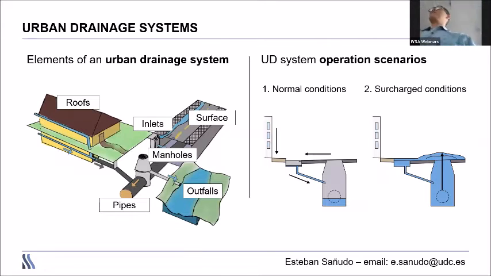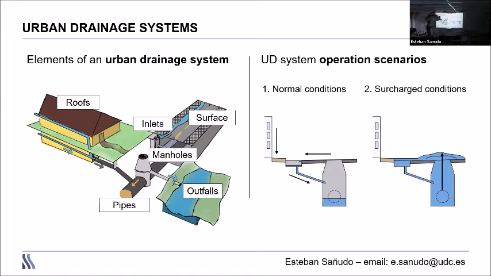Well, only one slide, which you may already know, but it's important to have a conceptual scheme of how an urban drainage system works in a city. The main objective of the urban drainage system is to evacuate and drain the water quickly and directly to the wastewater treatment plant or to the environment.